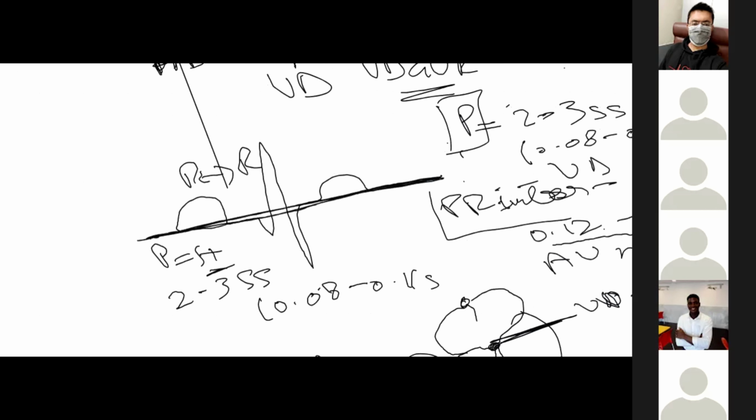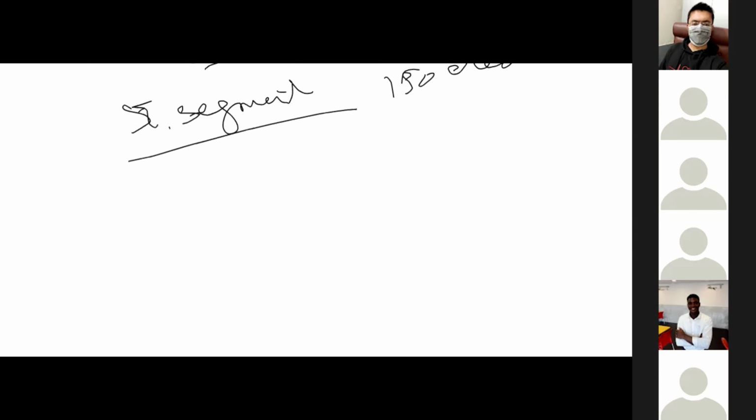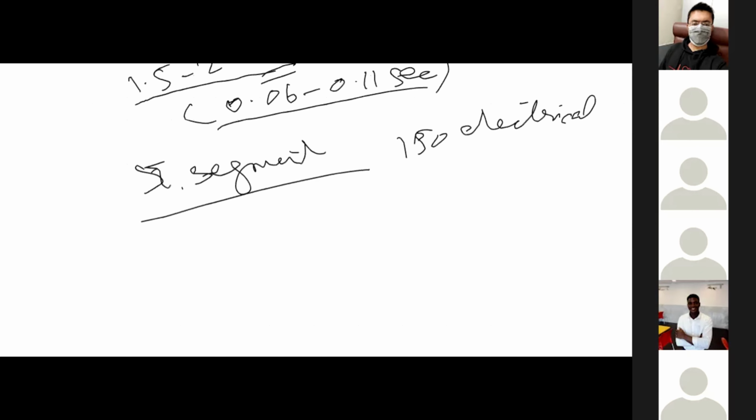An upward deflection is a positive deflection and a downward deflection is a negative deflection. So this is the ST segment. It is an isoelectric line, and it shows the time between ventricular depolarization and repolarization.